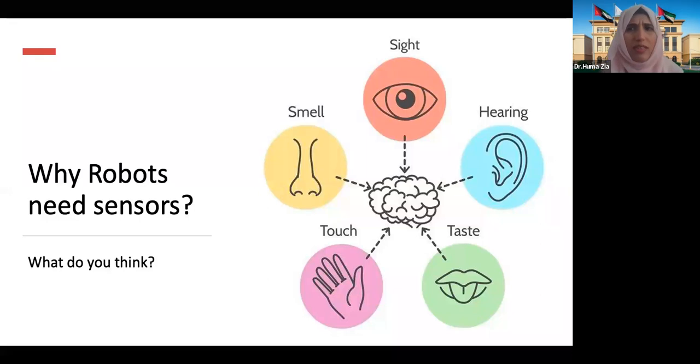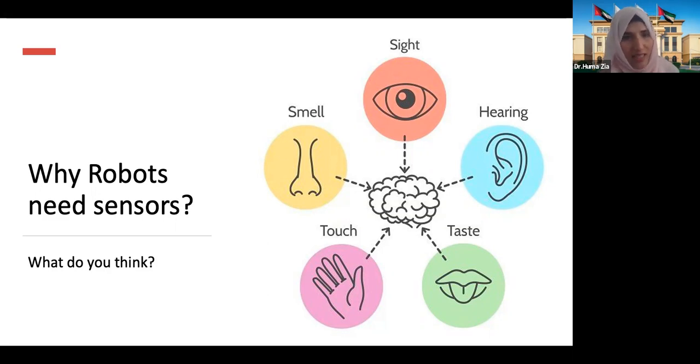Why do robots need sensors? Because of different application requirements, it actually depends on that. Now, if your robot should be able to see, how is it going to see? Using a camera, right? A robot may be able to pick up an image made up of millions of pixels, but without programming, it would not know what those pixels mean.